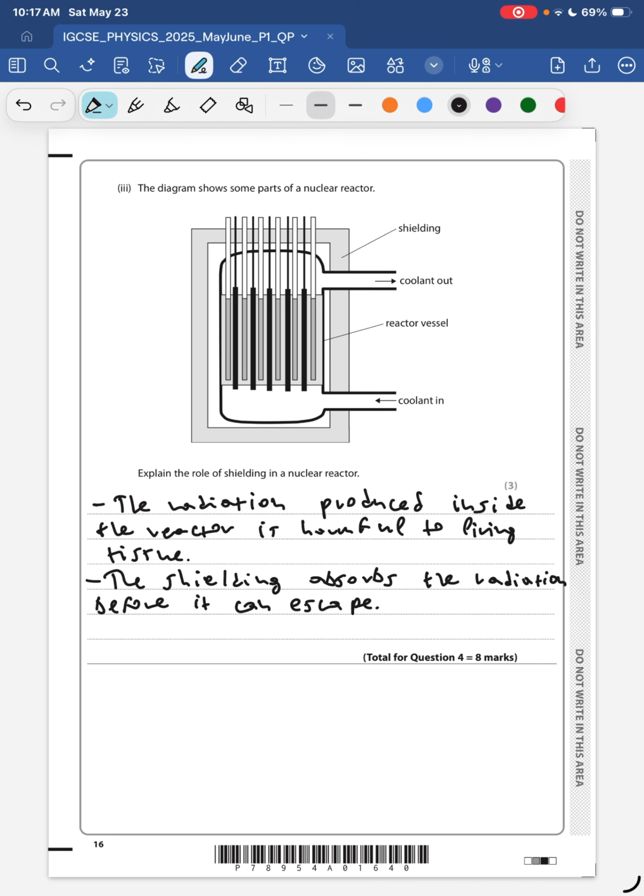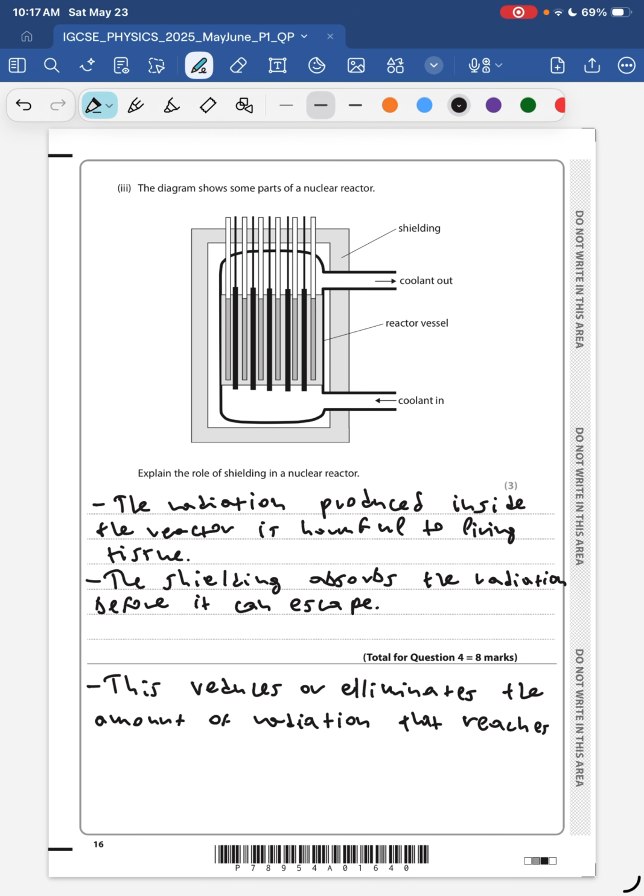Okay, this reduces or eliminates the amount of radiation that reaches workers in the surrounding area. Okay, so the biggest problem with these reactors are neutrons.